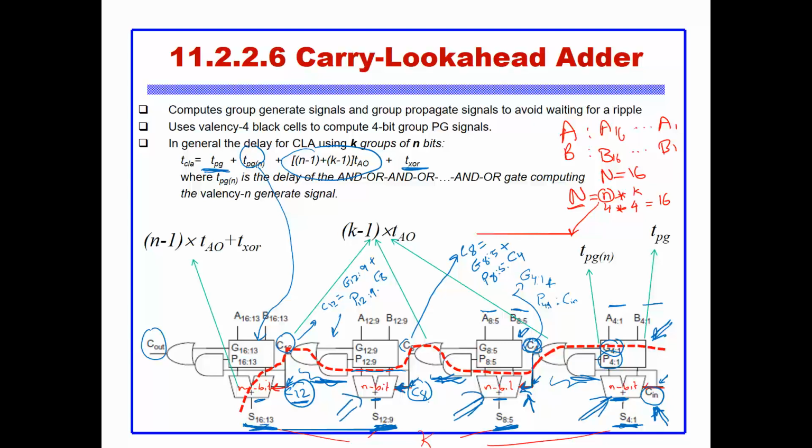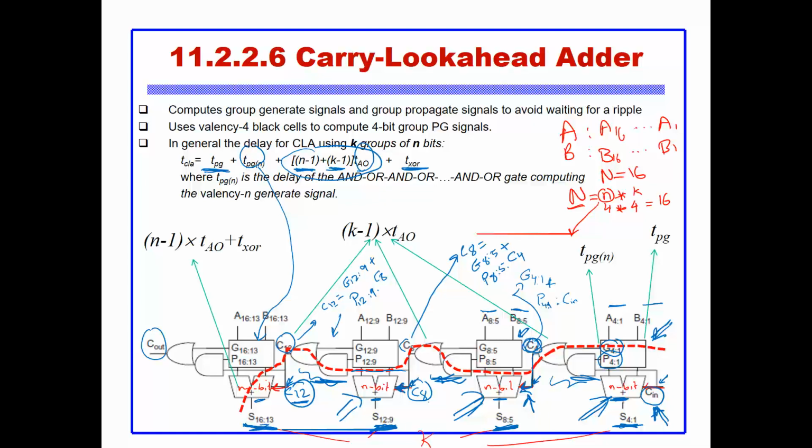Okay, so how many of those do I have? I have n minus 1 in the little adders, and k minus 1 between those adders. Okay, so now notice this delay here, n minus 1 plus k minus 1, times the delay of an AND-OR gate.